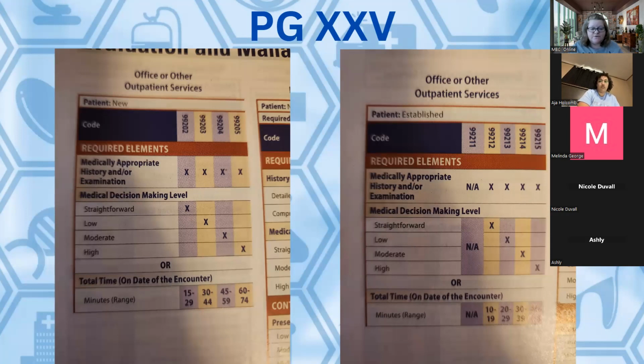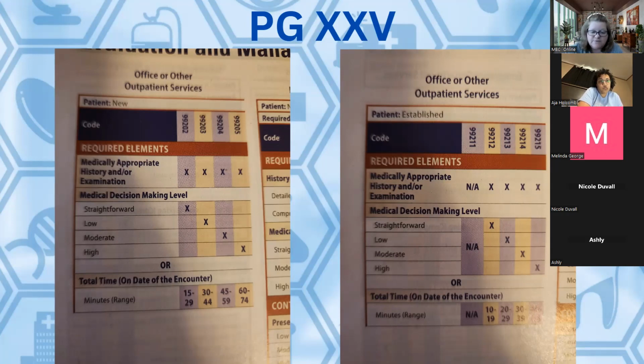It does not give you one illness, two chronic illnesses, and so forth. It just gives you basically, if you had the examination and it was straightforward and the time was this, then you're going to use this code. You're just plugging in your information to figure out which code you need.